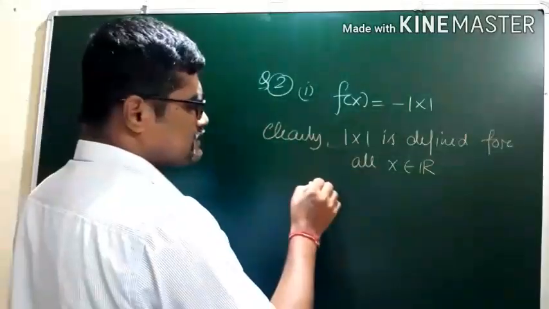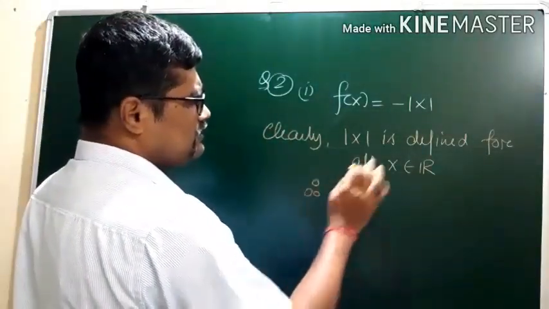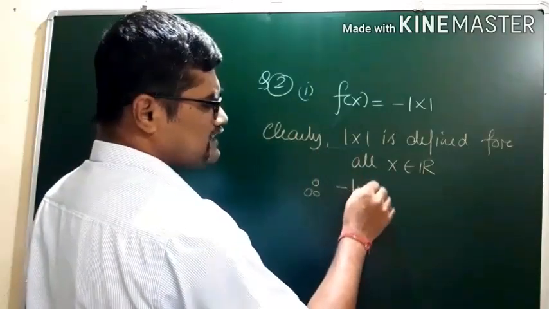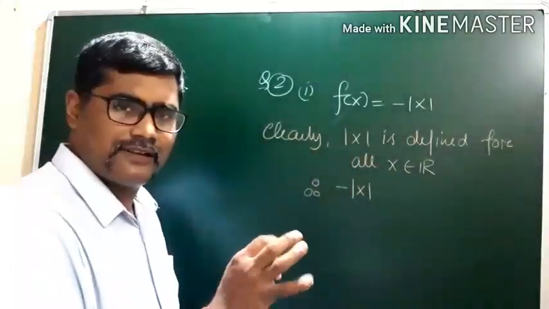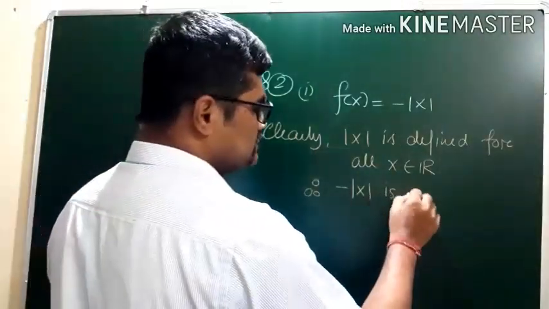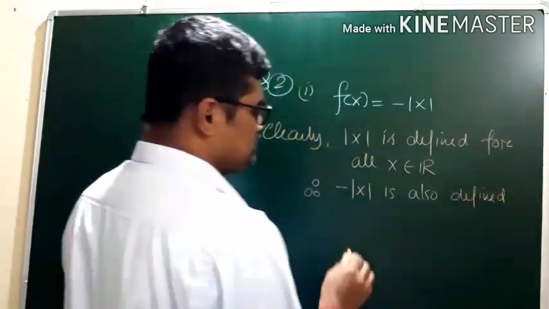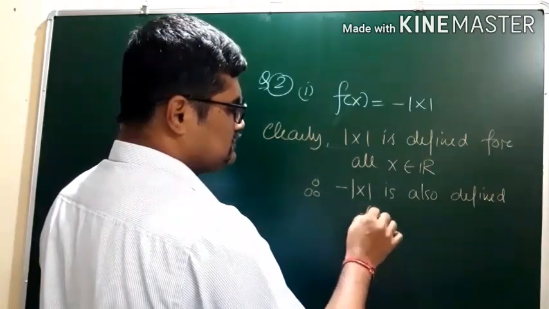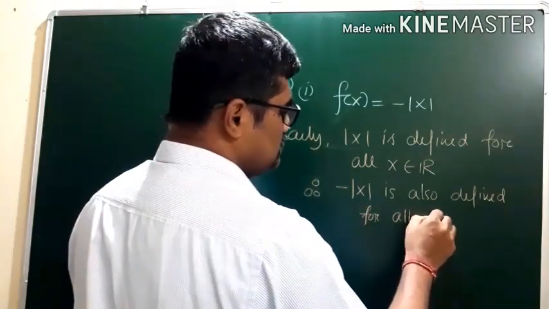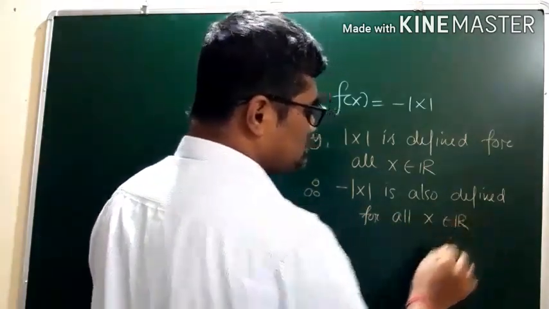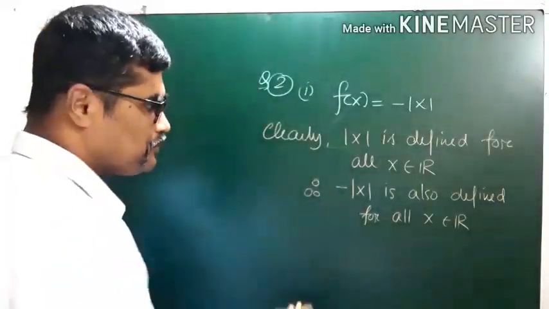If modulus x is defined, then very obviously if I put a minus sign, there is no problem, you can easily identify. So this is also defined for all x belongs to R. Defined means I can find it finitely.